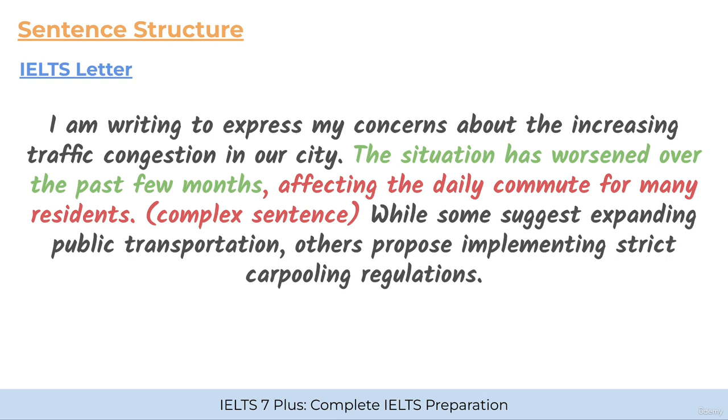Affecting the daily commute for many residents. That's a dependent clause. That needs the independent one to make sense. So we've got a complex sentence here. If you're ever unsure about whether it's an independent clause, if you were to replace the comma with a full stop, would it still make sense? In this situation, yes it would, so it's independent, that first part.